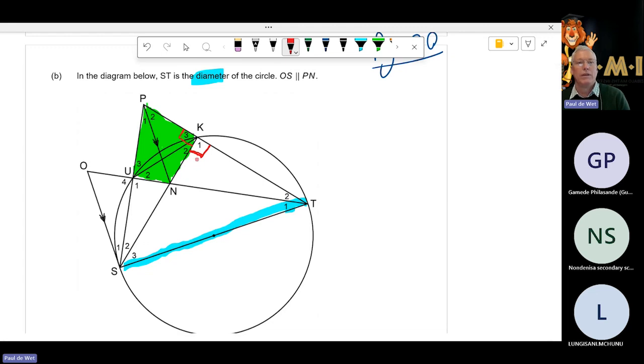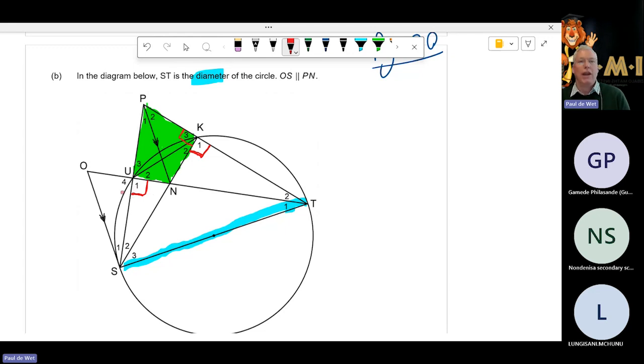SUT is equal to 90 degrees. Why is SUT equal to 90 degrees? Because it's also angle subtended by diameter. Okay, it's also subtended by a diameter. Therefore, PUN is equal to 90. Yes, you in fact don't even need it because you could use your exterior angle, but yes.